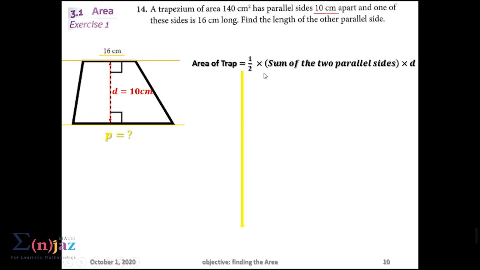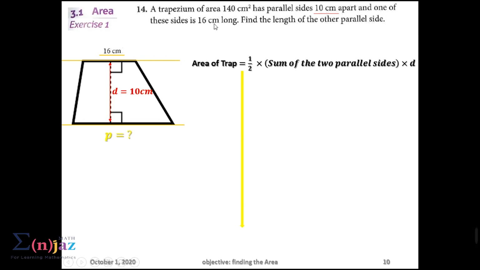Before we substitute in this rule, we must check if all given numbers carry the exact same measurement unit. So centimeter squared, the area. One of the parallel sides is in centimeter, so there is no need for conversion up until now.